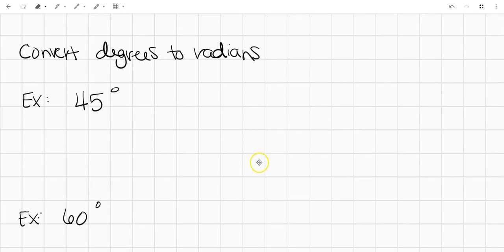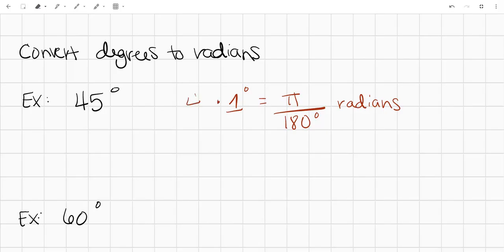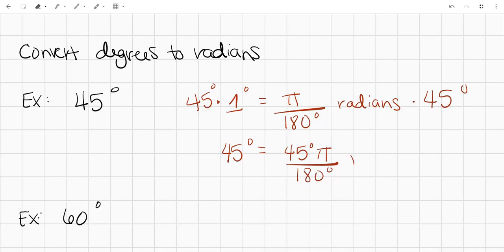Okay, so let's do an example. All right, so we know that 1 degree is equivalent to pi over 180 radians. So to convert 45 degrees to radians, I can just multiply 45 degrees on both sides of my equivalence here. And this means that 45 degrees is equal to 45 degrees times pi over 180 degrees radians.